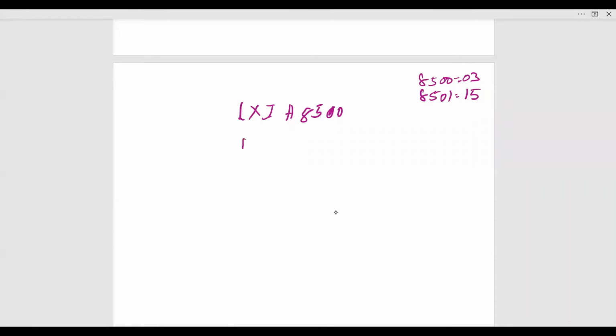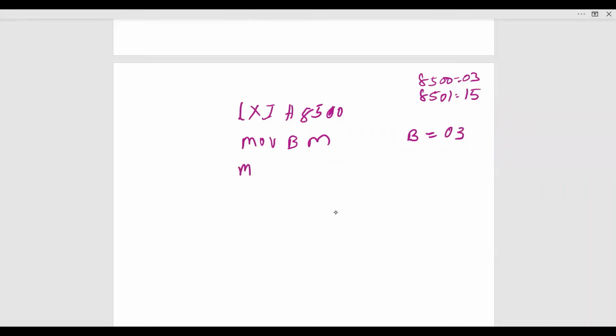Now move that to B. So B becomes M. The contents of the memory location pointed to by the HL pair will be loaded to the register B. Now B contains the divisor.